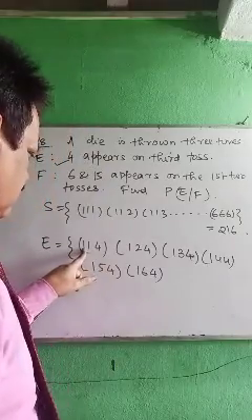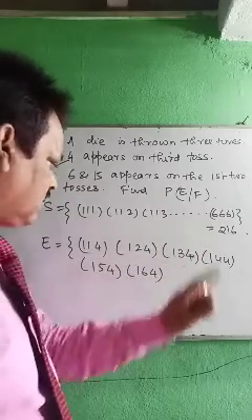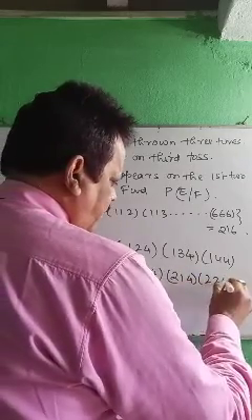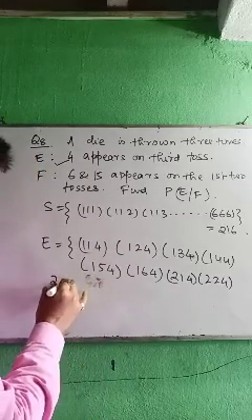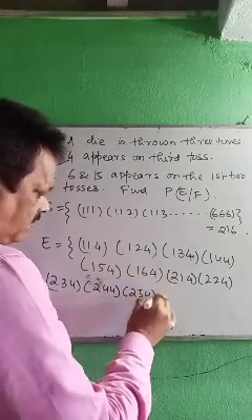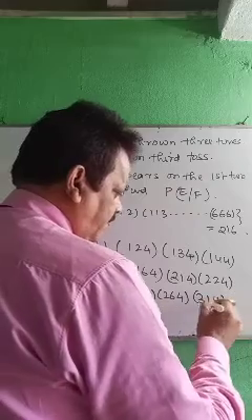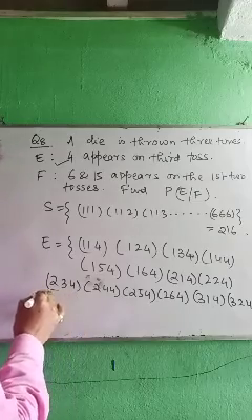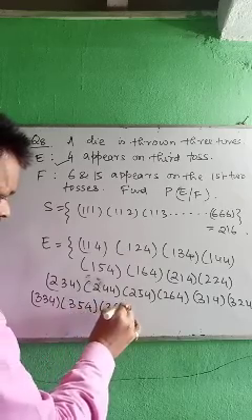Then 2 1 4, 2 2 4, 2 3 4, 2 4 4, 2 5 4, 2 6 4, then 3 1 4, 3 2 4, 3 3 4, 3 5 4, 3 6 4.